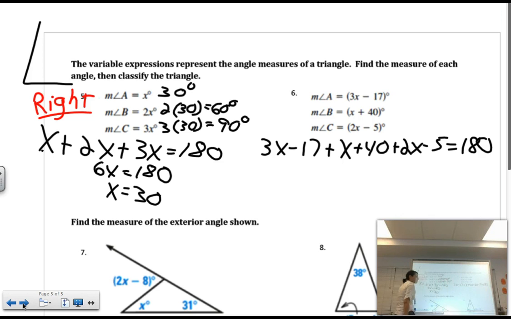Now, before you go off and make a mistake, let's work on this together. What do we need to do? Combine like terms. So let's start with the x's. We always look at the sign in front. This guy and this guy go together. So how many x's do I have? 6x.